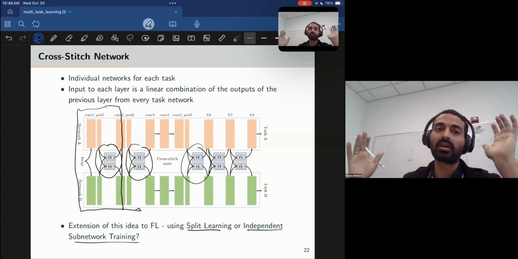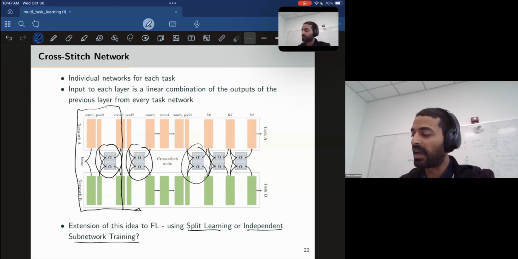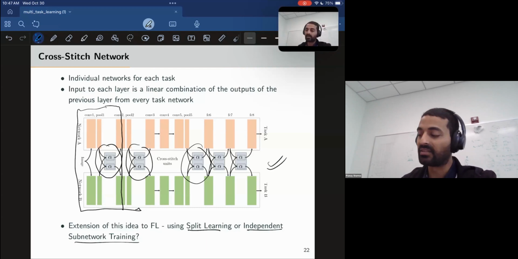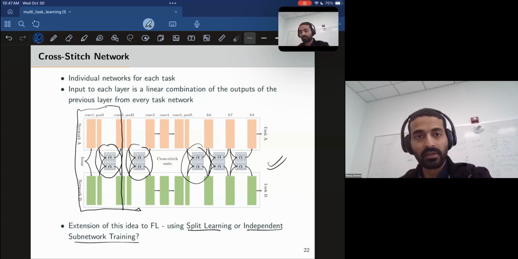So you split your model across clients, and it's possible that parallels to this idea might exist there or might make sense. This might be a new idea in itself if it doesn't already exist. So if someone is interested in a project idea to explore, this might be something worth thinking about.